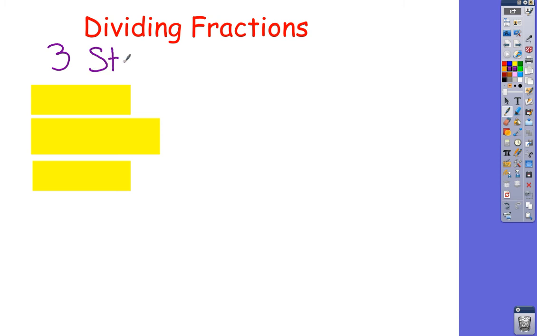Just 3 things you need to do. And by the way, when I'm talking about fractions at this time, I am not talking about mixed numbers. A mixed number, remember, is when you have a whole number combined with a fraction. I am only at this time talking about fractions, no whole number with it.